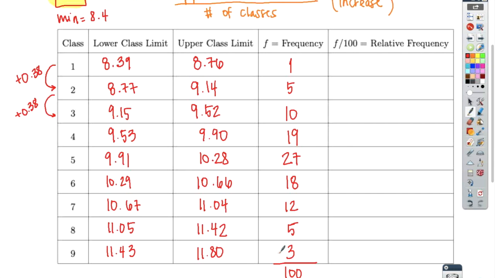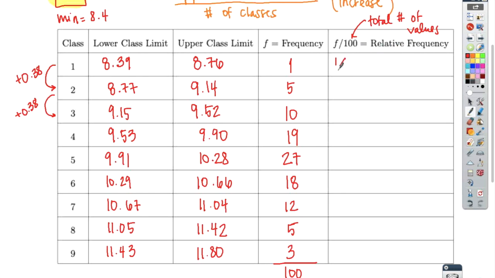The next thing we're going to do is take this and find the relative frequency. Because there are 100 data values total, this is the total number of values. I'm going to take each of these frequency values and divide them by 100 to find my relative frequency, and we'll express this in decimal form.